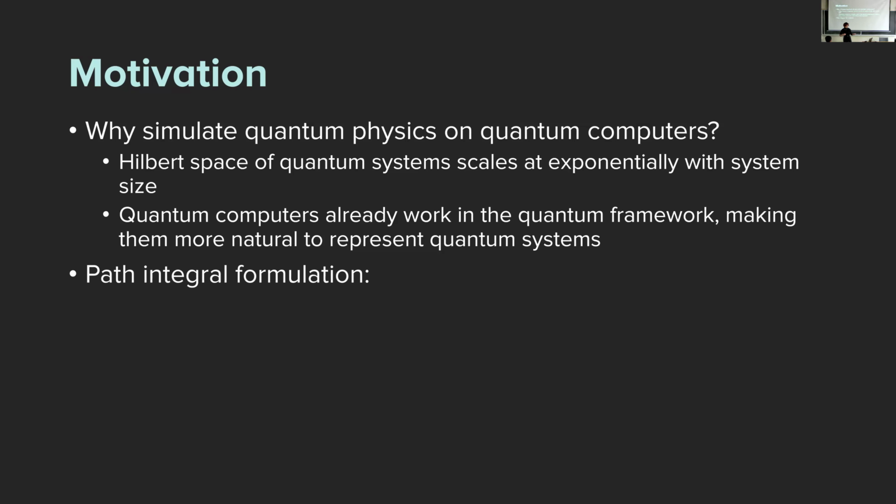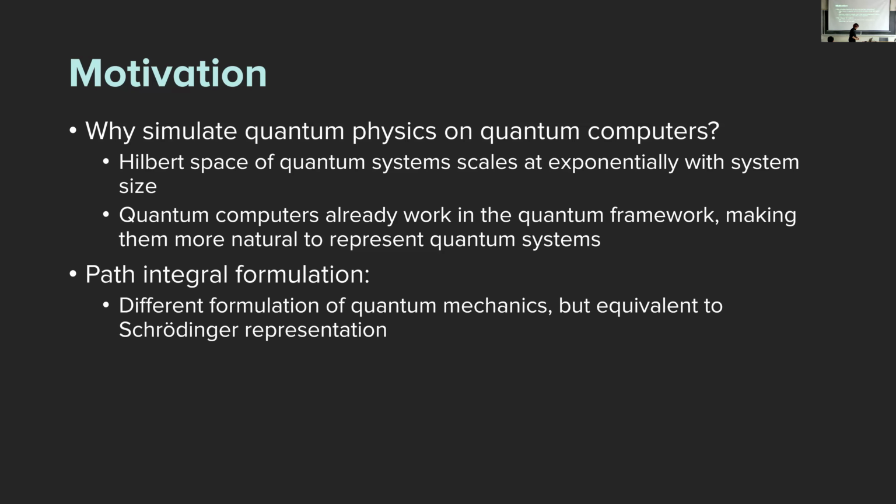So why use the path integral formulation? The path integral formulation is an alternative formulation of quantum mechanics, but it is equivalent to the Schrödinger representation. Usually in quantum simulation, we call it Hamiltonian simulation because it uses a Hamiltonian.